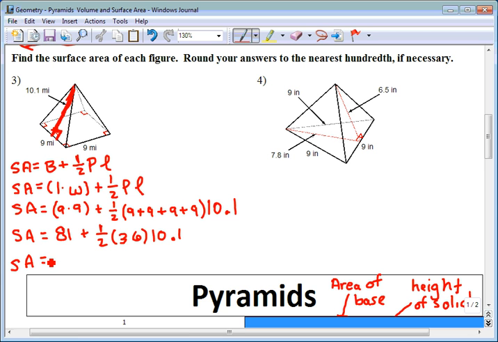You do have to add these. When we add this all together, we get 262.8 miles squared. Again, surface area is area, so it's units squared.